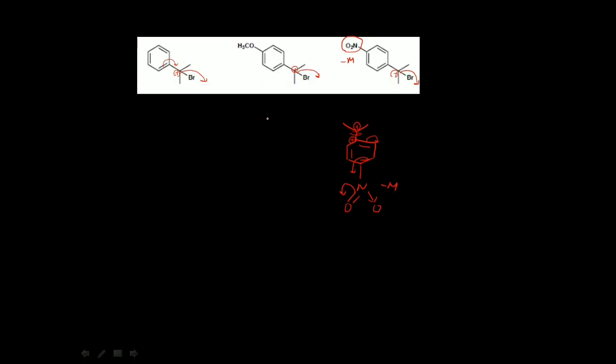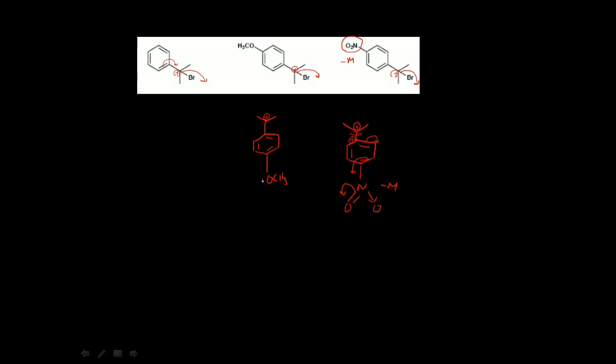But in the second case, that carbocation is more stabilized by the plus M effect of this one. Here in this case there is a positive charge, here a pi bond, here a pi bond, this one a pi bond. Here see this OCH3.